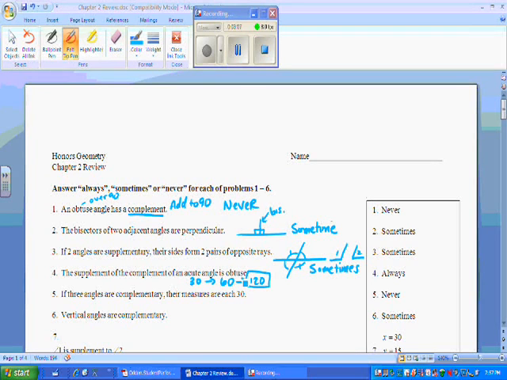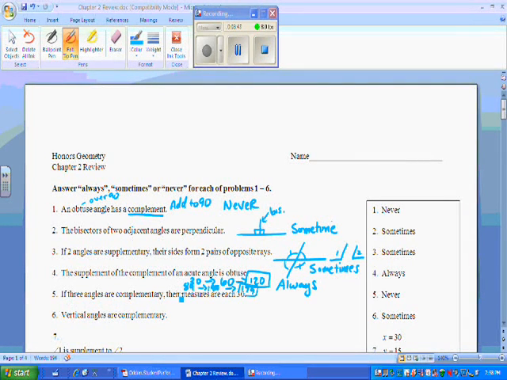Now, the largest acute angle you could have, let's say, is 89, the complement is 1, and then the supplement is 179. So this always happens, no matter what number you pick.